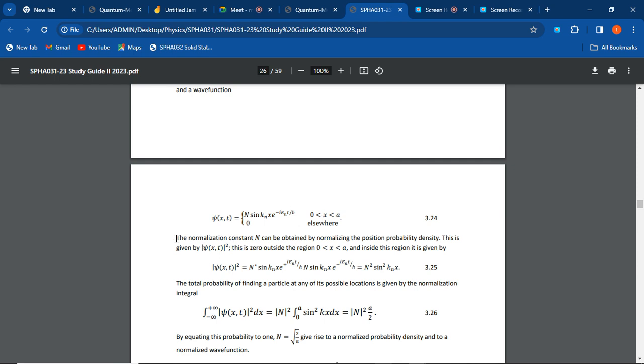The thing that I want to highlight here is normalization.